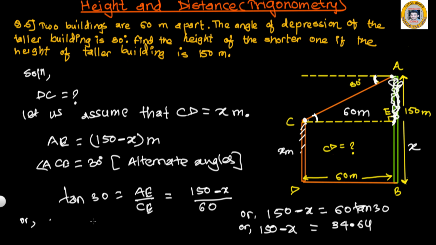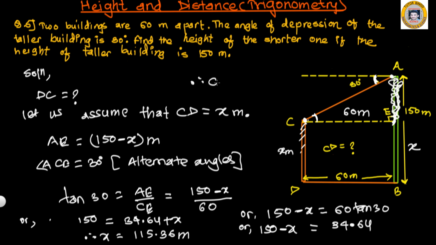So if I add X to both sides, I would get 150 equals 34.64 plus X. So X is 150 minus 34.64, which is 115.36 meter.